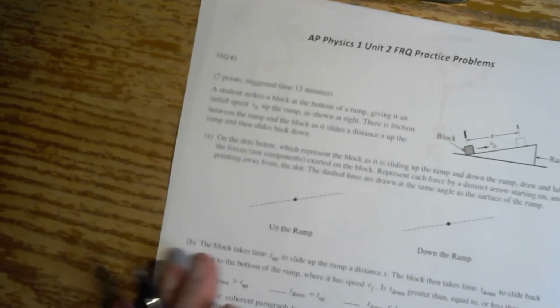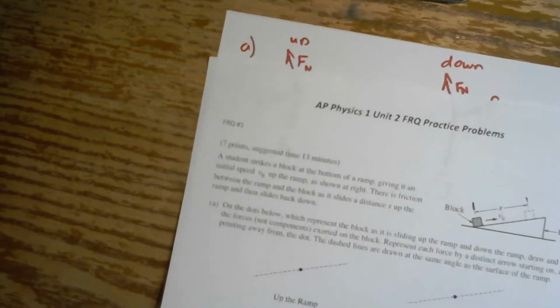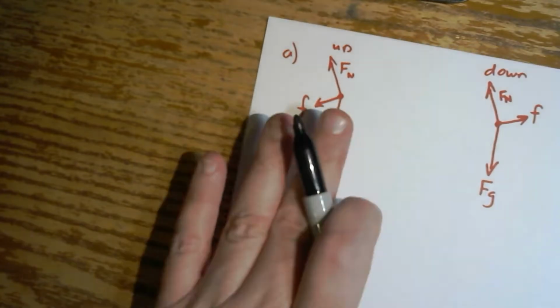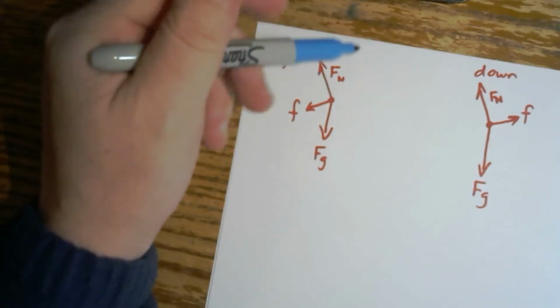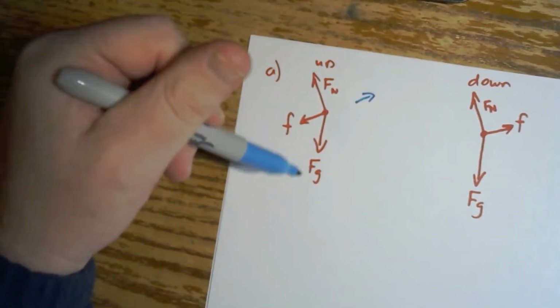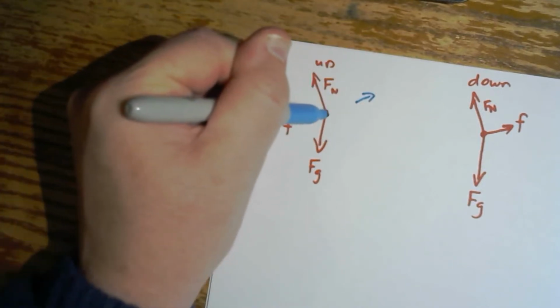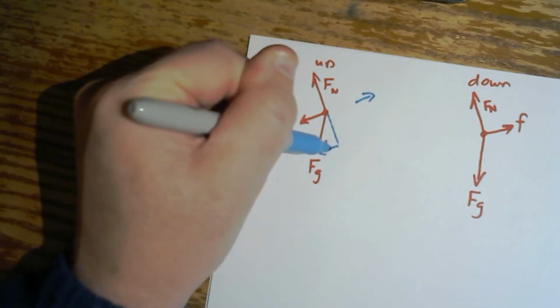So before we go and start writing the answer down, let's just analyze what's happening in both the up condition and the down condition. So in the up condition, when it's moving up the hill, you need to think about it like this. It's moving in this direction, up the hill. Well, if you look at the free body diagram, there is a downhill component of gravity.